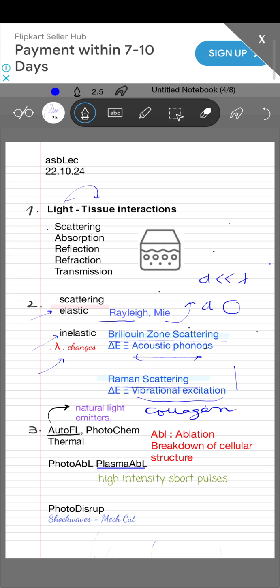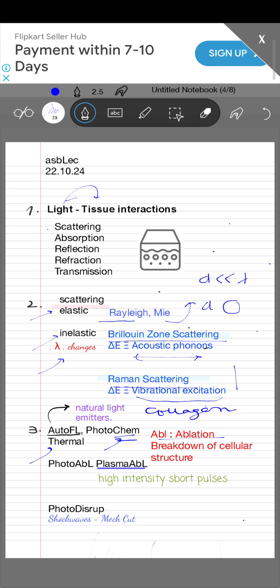Apart from that, light interaction also produces photochemical effects. That means chemical reactions start to take place. There are also thermal effects caused by light in the tissues. And apart from that, there is ablation taking place.